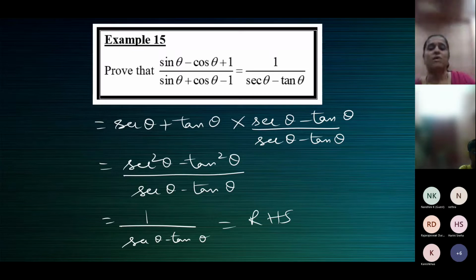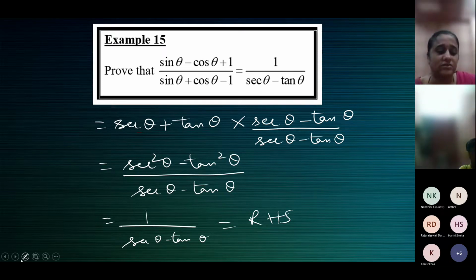So continue. Multiply the numerator and denominator, here the denominator is 1, by secant theta minus tan theta. It's plus here, so multiply by secant theta minus tan theta. When you multiply the numerators, you get secant square theta minus tan square theta, and the denominator is secant theta minus tan theta.